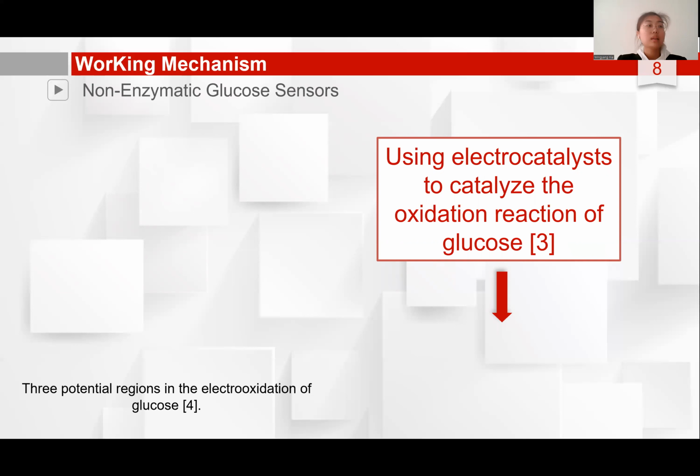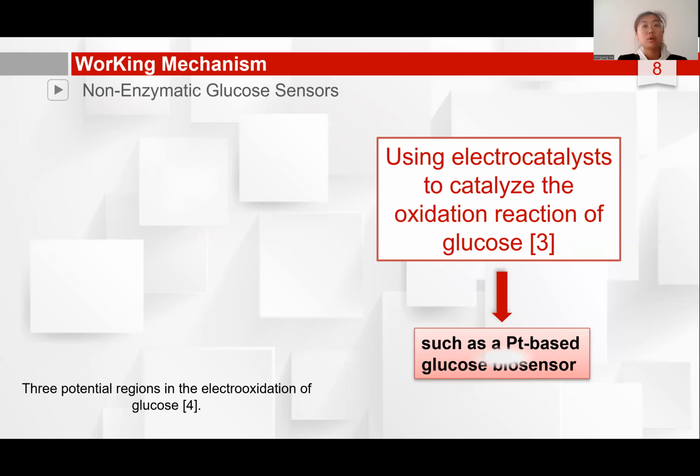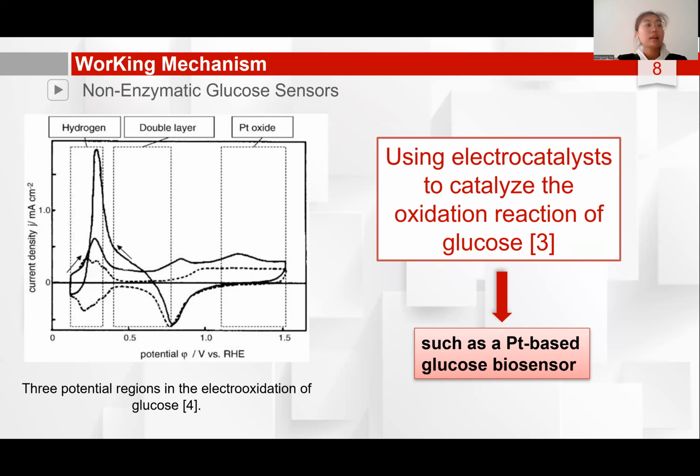Researchers have studied several electrocatalysts, such as Pt-based glucose biosensors. Pt has a high catalytic activity and good stability, and three potential regions appear when electrochemical oxidation occurs. The three regions lead to oxidation of glucose itself rather than surface bending.